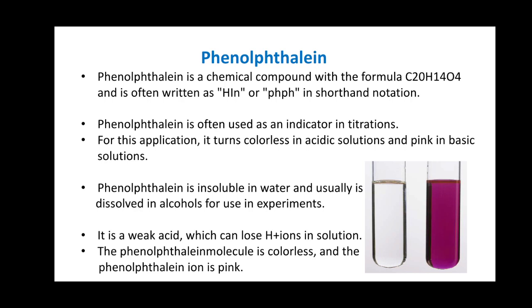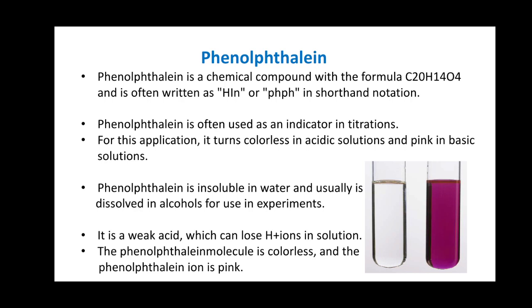Phenolphthalein is often used as an indicator in titrations. For these applications it turns from colorless in acidic solutions to pink in basic solutions. Phenolphthalein is insoluble in water and usually is dissolved in alcohols for use in experiments, and it's a weak acid which can lose H plus ions in solution.